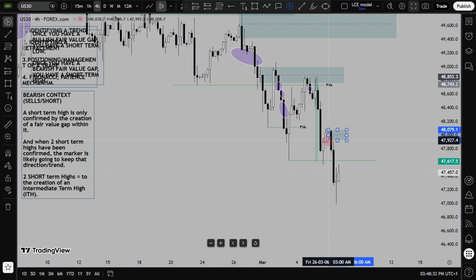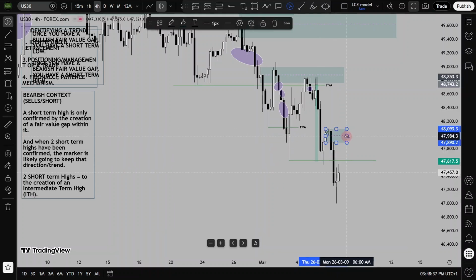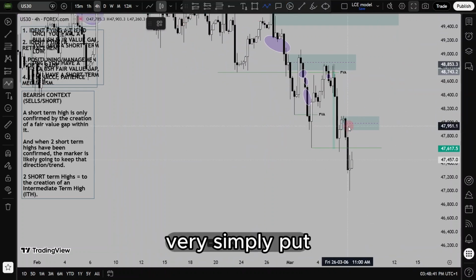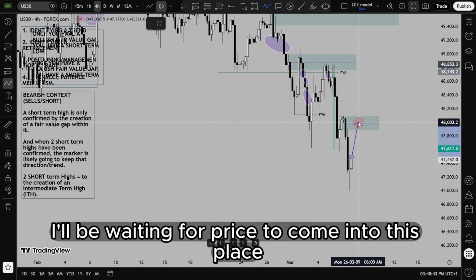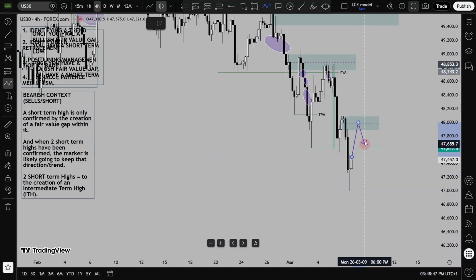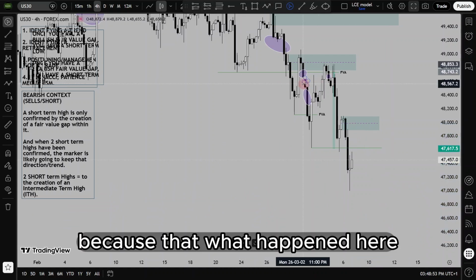So what will I now be waiting for? Very simply put, I'll be waiting for price to come into this place, create a new fair value gap going down that I will enter from, and then the price continues going down, because that will happen here.